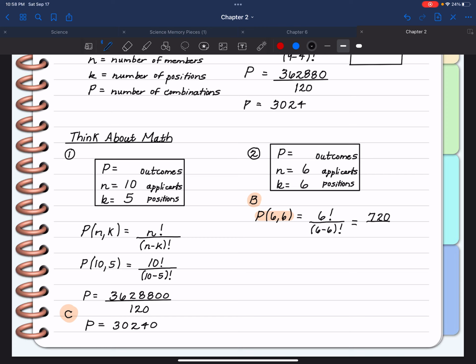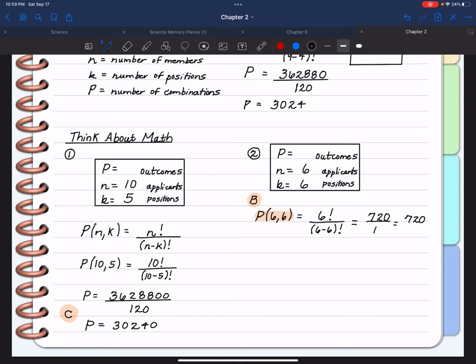And then 6 minus 6 is 0 factorial. So all clear, 0 shift 3 is 1. So there are 720 ways to put those people in line. And again, the answer was not 720. It's the setup, which represents the number of ways. So they want to know the actual notation for the permutation.